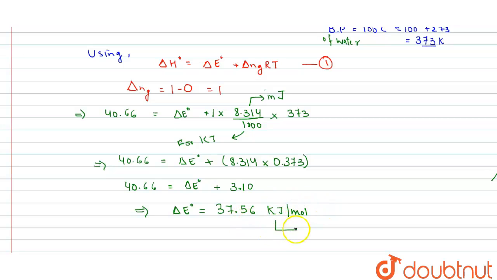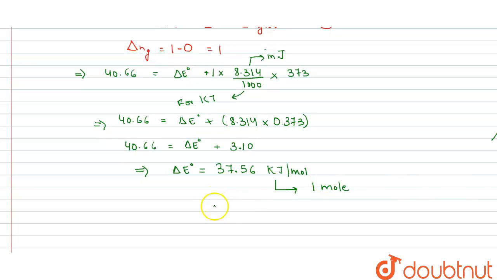Per mole means this is for 1 mole. We got this by taking 3.10 to the left hand side and subtracting it from 40.66.